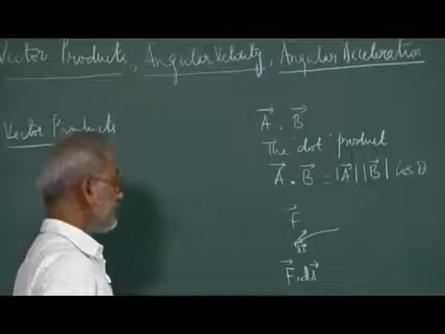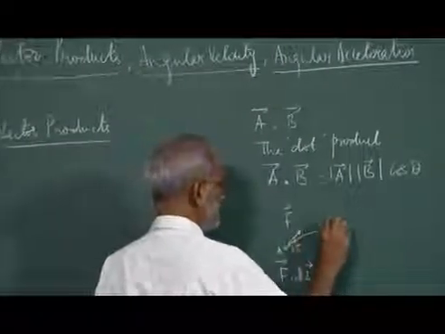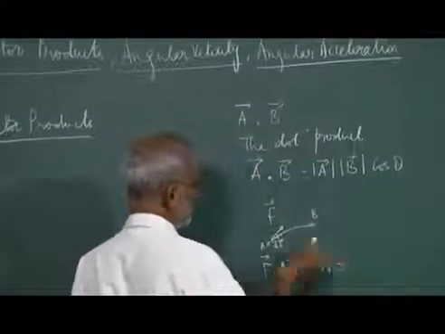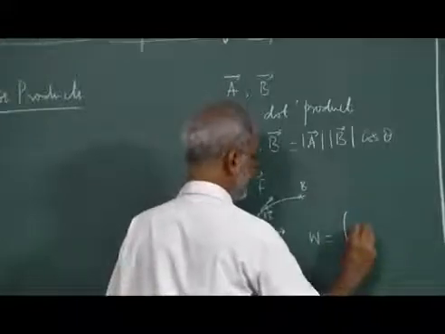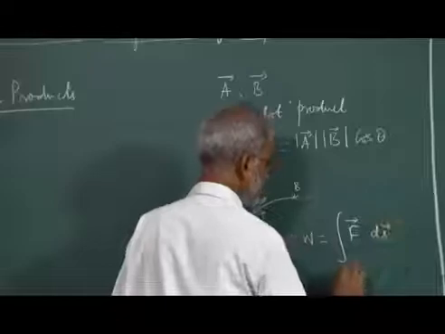Then if we move this particle from a particular point A to a particular point B, the work done by the force on the particle is the integral of f dotted with ds, integrated from A to B.